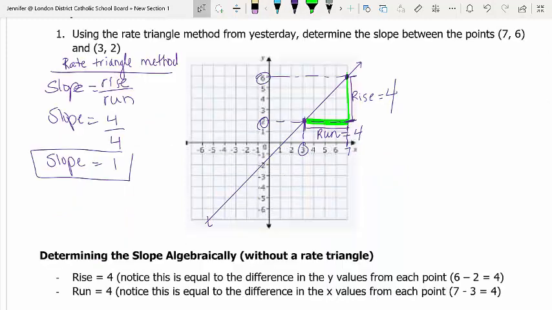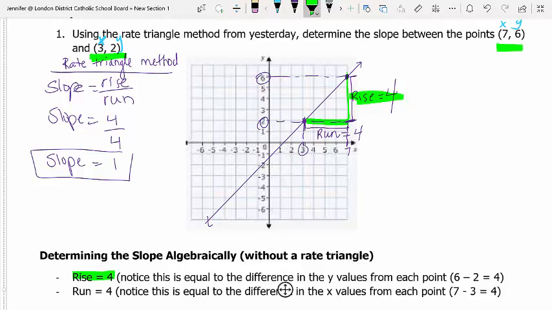Now, here's what I want you to notice, and this leads us into learning the new method. I want you to notice that our rise was 4. But look at the actual points, the coordinates. This is the x value of that coordinate, this is the y value. 7 is the x, 6 is the y.